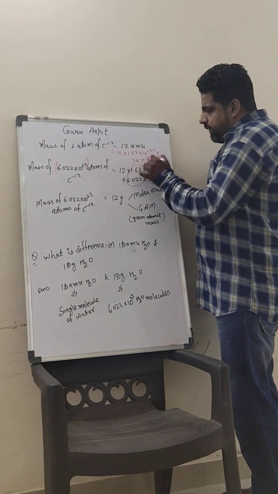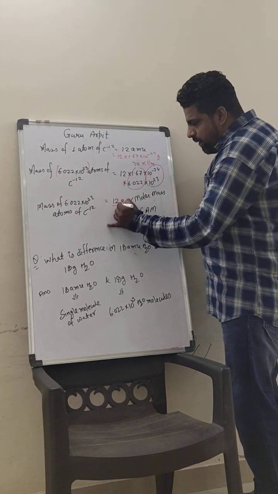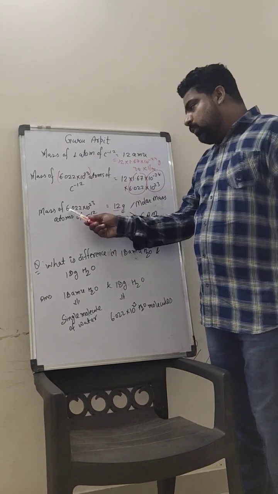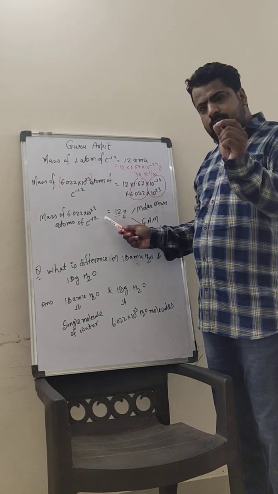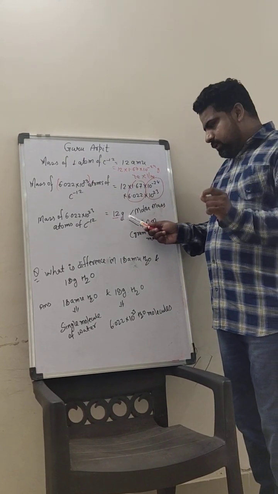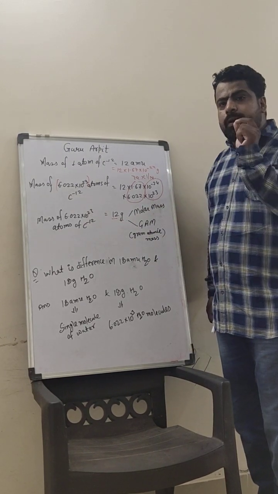By cutting 10 and 10, we have 12 multiplied by 1, which is 12, and the unit is gram. So the mass of 6.022 into 10 to the power 23 atoms of carbon 12 is equal to 12 gram. That mass is known as molar mass, because this is the mass of 1 mole.